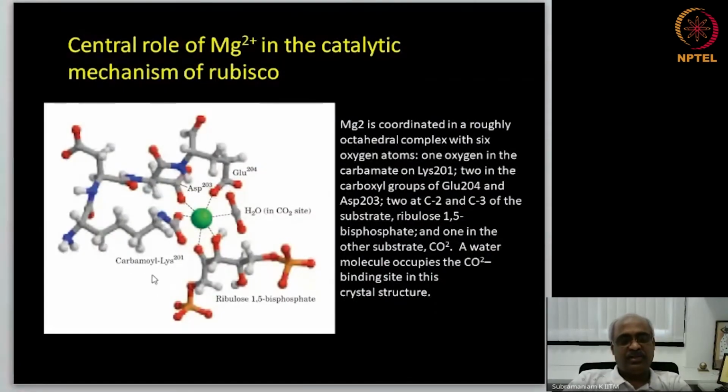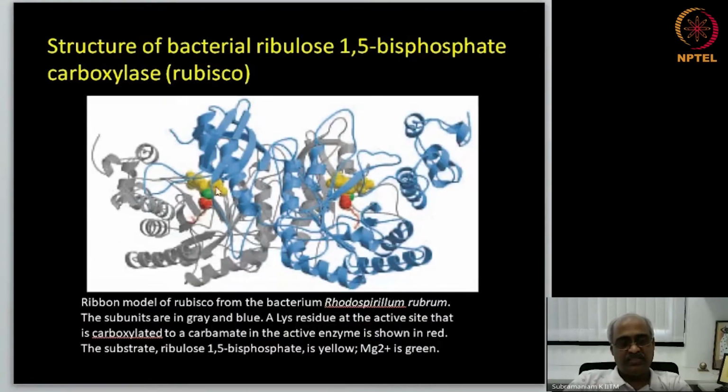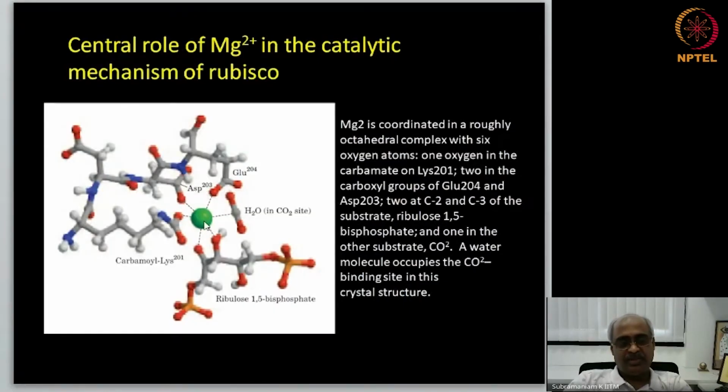All right. So here a close-up of this region, but particularly focusing on the magnesium. So here you see magnesium coordinated with atoms, actually oxygens from the substrate. Here 2 bonds in the substrate, one more with another substrate. Normally it is carbon dioxide in the actual catalysis. Here for crystallization they have used water.